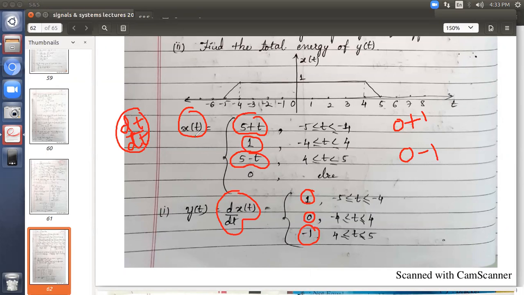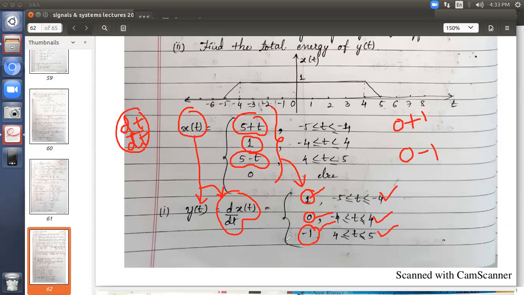So what I did: I have already written the equations for x of t, but y of t is the differentiation of x of t. So I simply differentiated each of the equations. We will get 1, 0 and -1 for different time ranges.